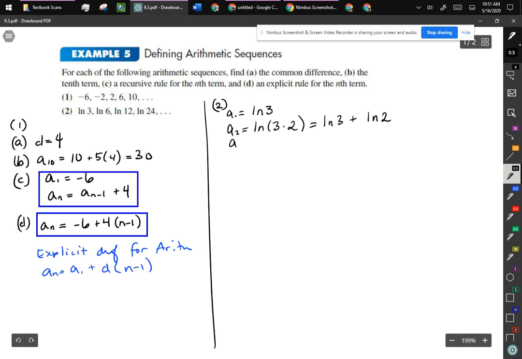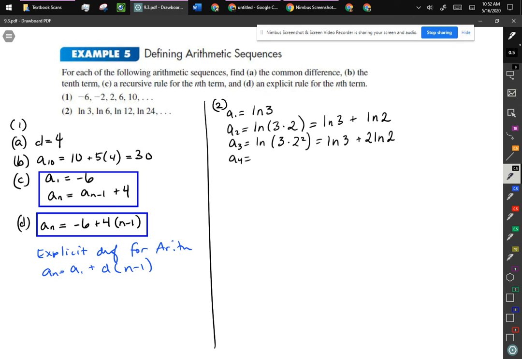Let's just do this pattern 2 more times just to see it a little bit more. Well, 3 times 2 is 6, and I need to now get to 12, which means I have to multiply by another 2. So it's really 3 times 2 times 2, right? That's 2 squared. And that's really ln of 3 plus ln of 2 to the second, but we have power rules, so we bring it to the front.